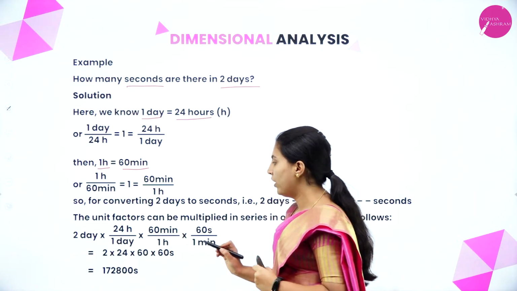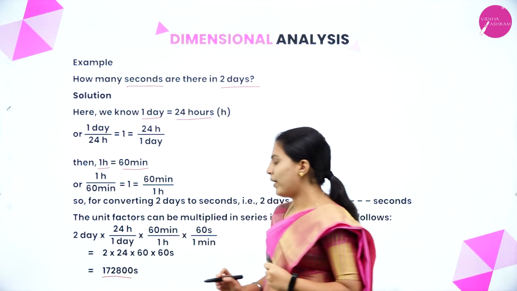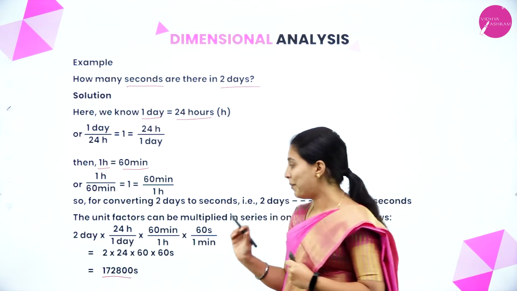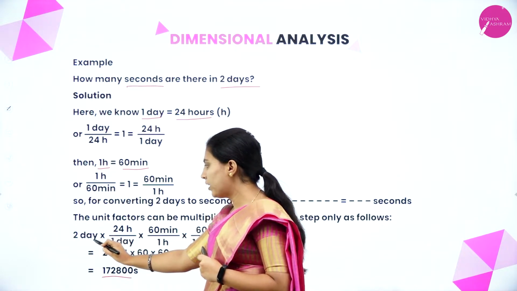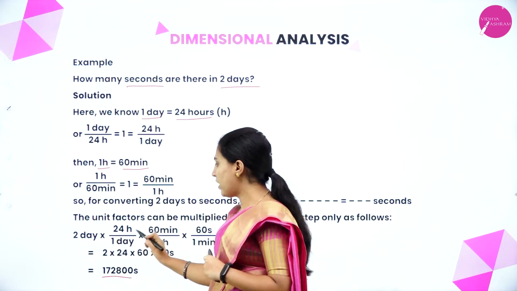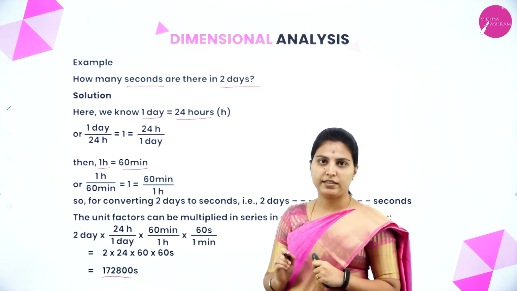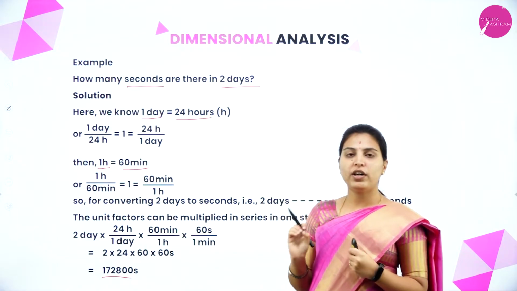Multiplying everything, you will get 172,800 seconds. Once again, days are converted into hours, hours into minutes, and minutes into seconds. The second is the unit for time.